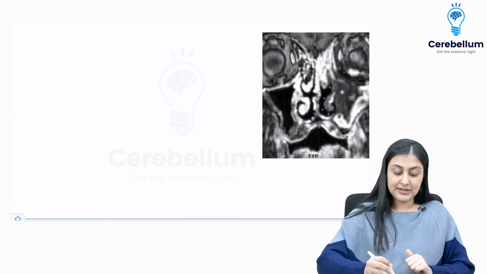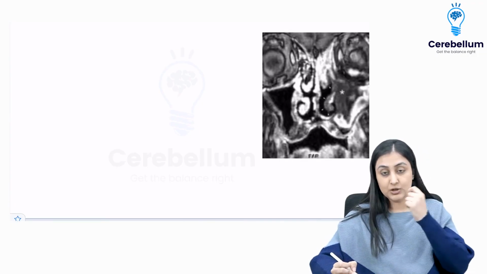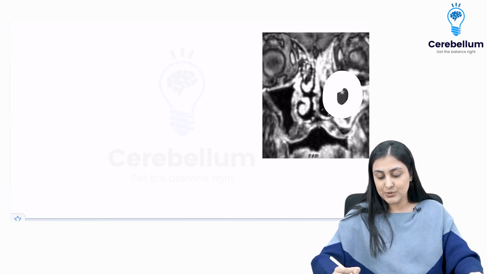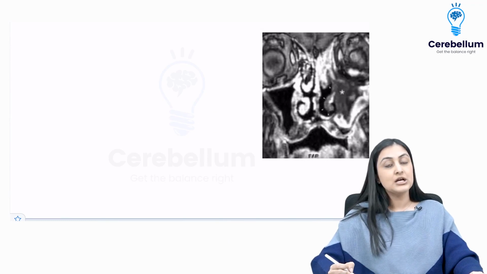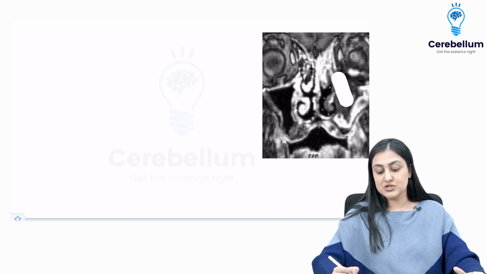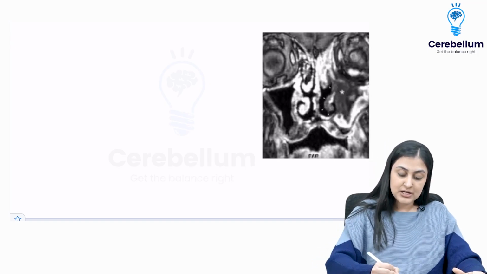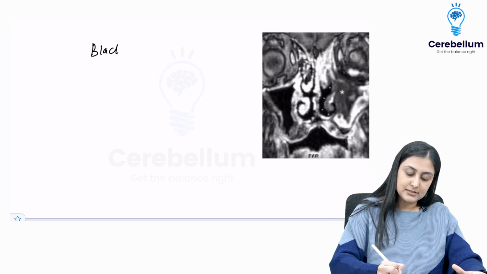Here is something that you need to know, wherein you are having a contrast enhanced MRI, and you can see how one of the turbinates is not showing any enhancement because it is completely necrosed. So this is what is called the black turbinate sign.